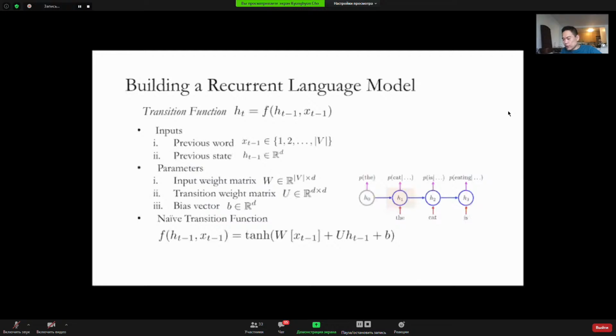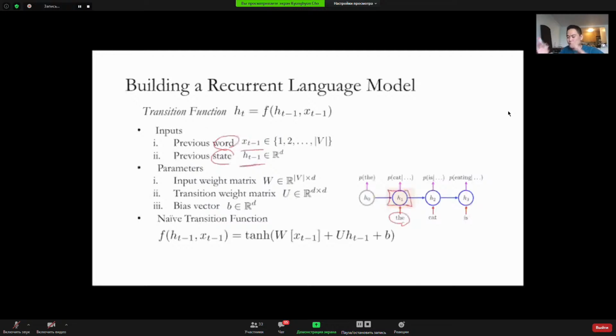In doing so, we can divide this whole recurrent network into two parts. One is a transition function, which takes into account what the current word is and updates its own hidden state. It takes as input what we see now, that is x_{t-1}, and the previous state, that is, my memory state, h_{t-1}.